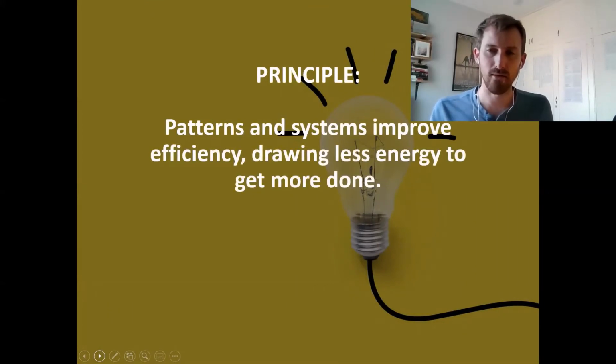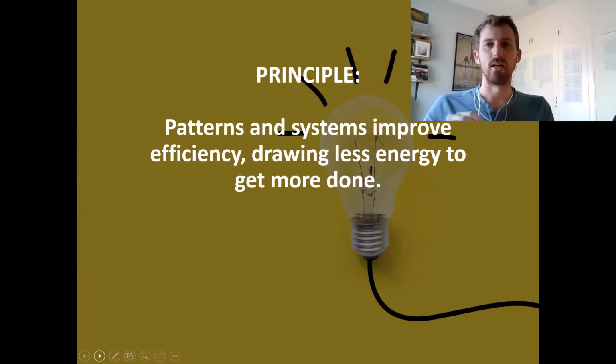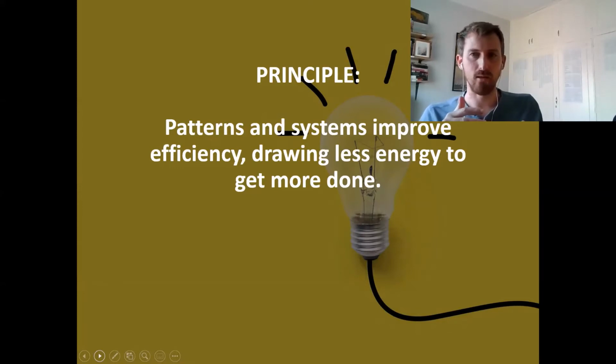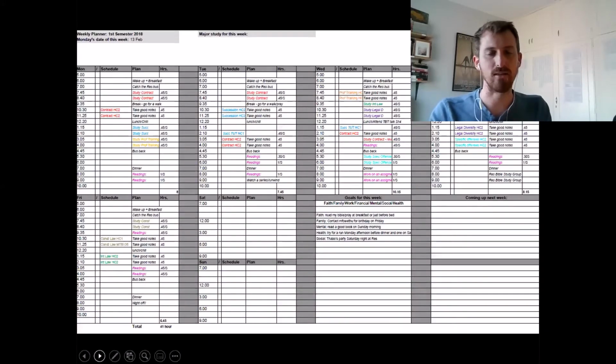Now, remember our time management principle from episode 1 here. Patterns and systems improve efficiency, drawing less energy to get more done. And here, the pattern and system is to have a relatively set week, if you can, with some flexibility, which means you know what you have on and what's expected of you. And you can see your entire week at a glance.